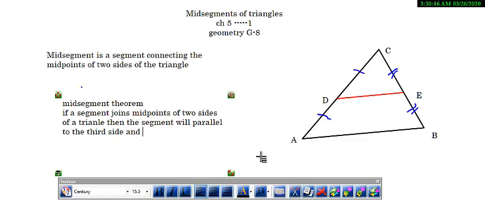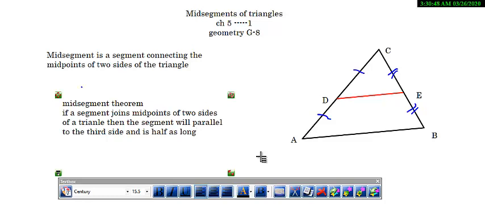So the segment DE will be parallel to the segment AB, which is the third side, and equal to half of its length. It's half as long.